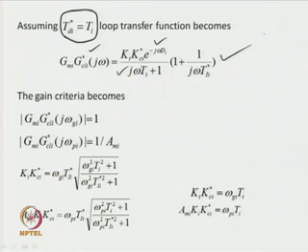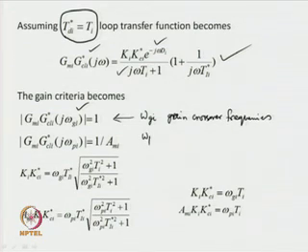So, the frequency domain representation of the loop transfer function is given in this form. Then applying the gain criteria, it is possible to write expressions like the magnitude of the loop gain is equal to 1 at the gain crossover frequency, and the magnitude of the loop gain at the phase crossover frequency is equal to the inverse of the gain margin. Now, omega gi in this expression represents the gain crossover frequencies.